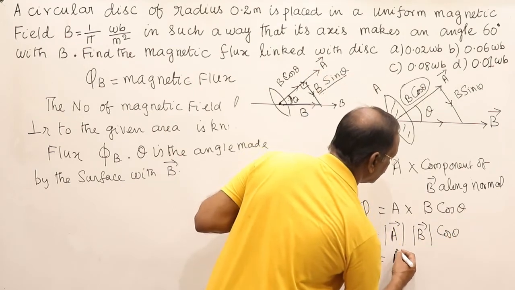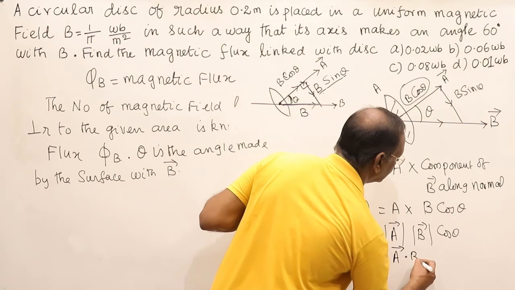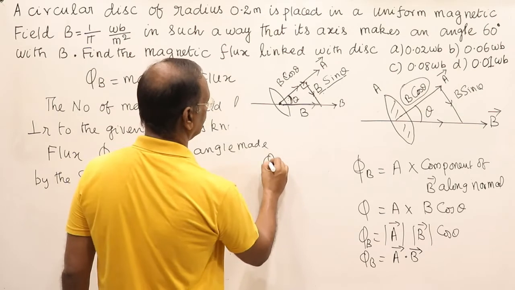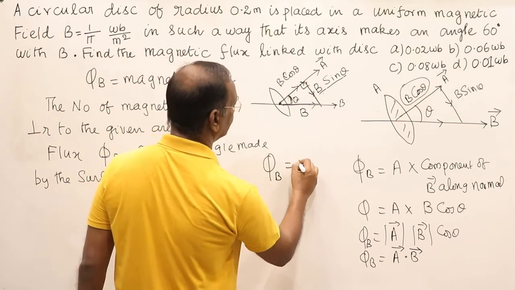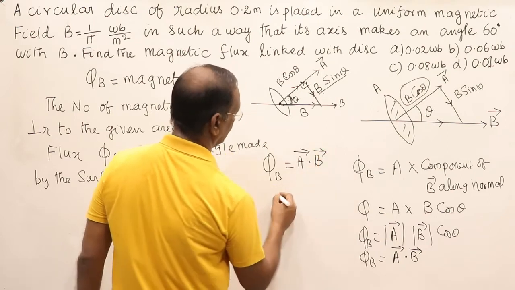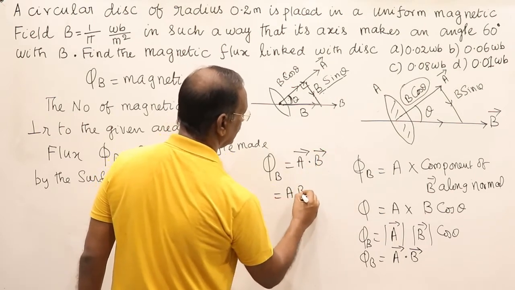It is nothing but the dot product of both these vectors. So magnetic flux is given by dot product of A and B, which can be written as AB cos theta.